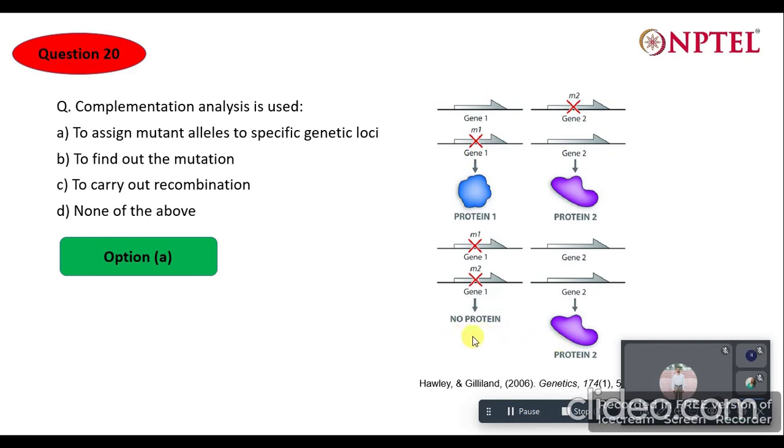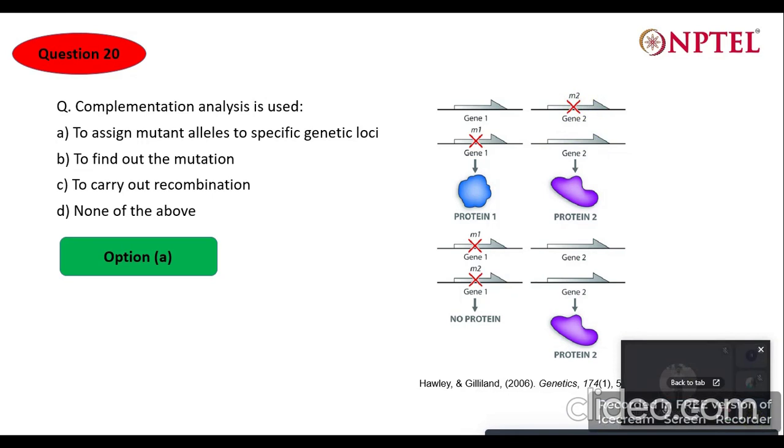And if we have a mutation in gene 2, then also the product will not be formed. So we have to check whether the product the plant is producing is because of a mutation in either gene 1 or gene 2.